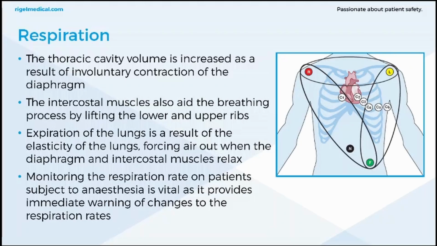Monitoring of the respiration rate on patients subject to anaesthesia is vital as it provides immediate warning of changes to the respiration rates. Now, if a patient's under general anaesthetic, they might lose the ability to sustain control of the diaphragm and the intercostal muscles.